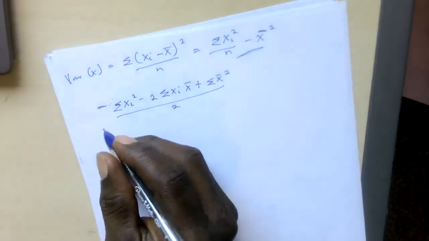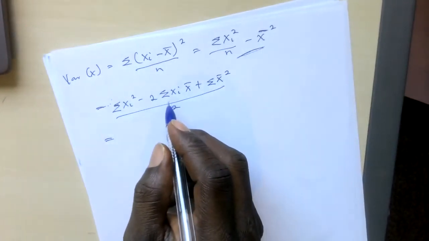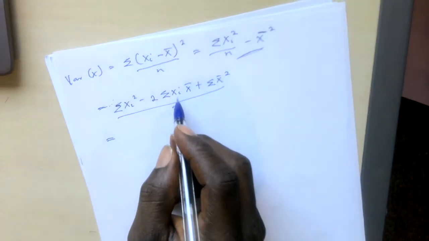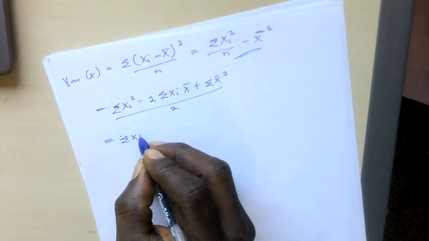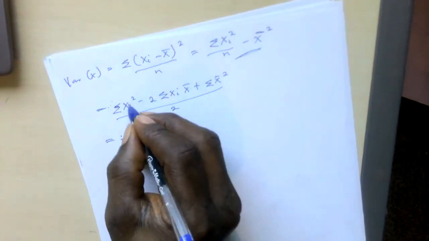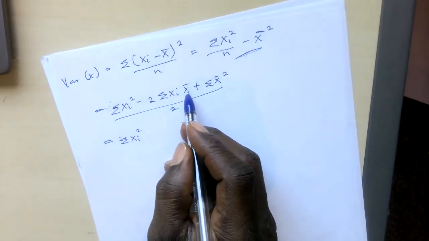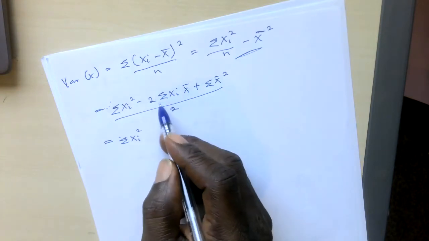So with that, we have summation xi squared. This x bar is a constant, so I can bring it out of this summation.